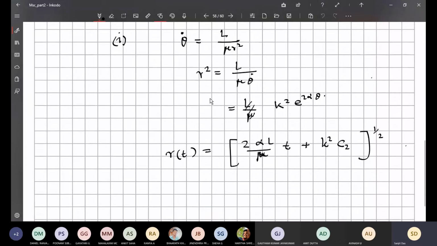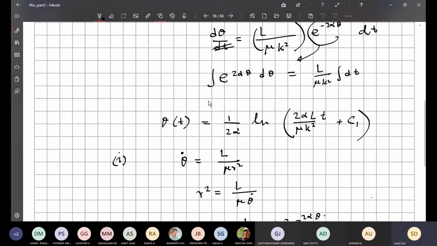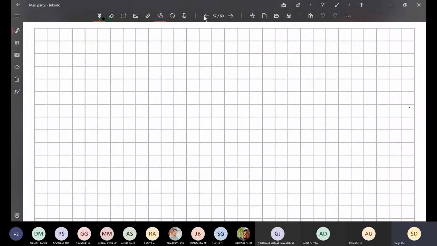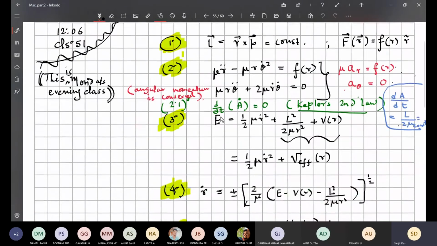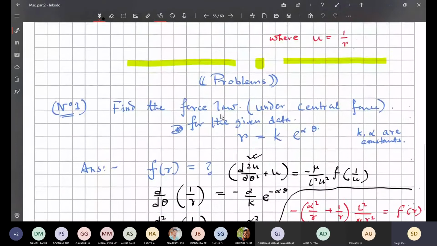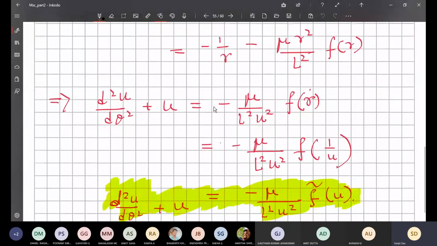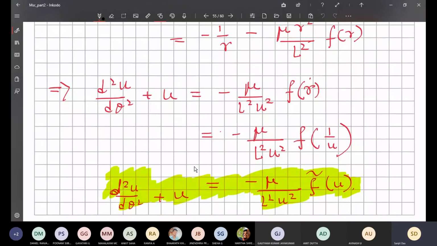Yes, this is r as a function of theta that I have written. Yes, this is the orbit equation. So we will start from here, and we will see, particularly for the inverse square law, how it comes.